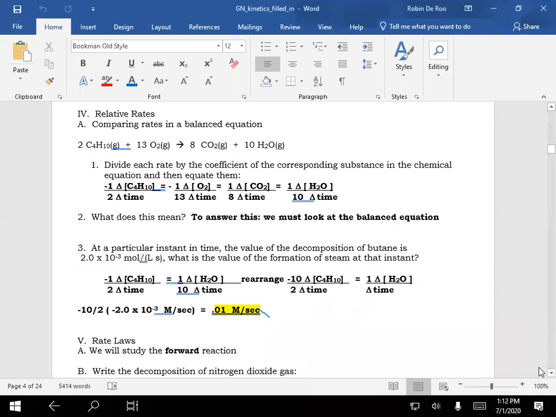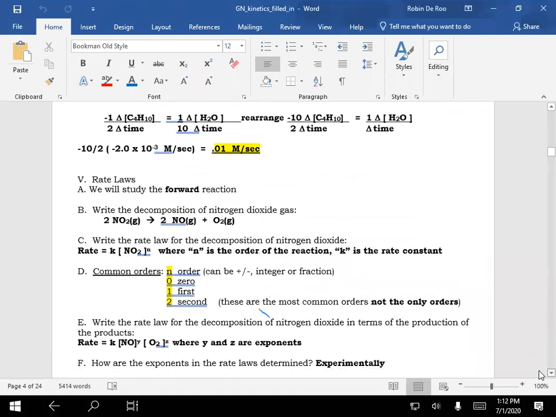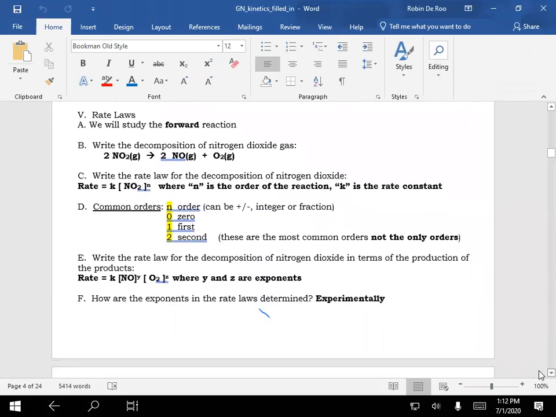Okay, so now we will start with some rate laws. We're going to study the forward reaction. That's just to simplify matters.